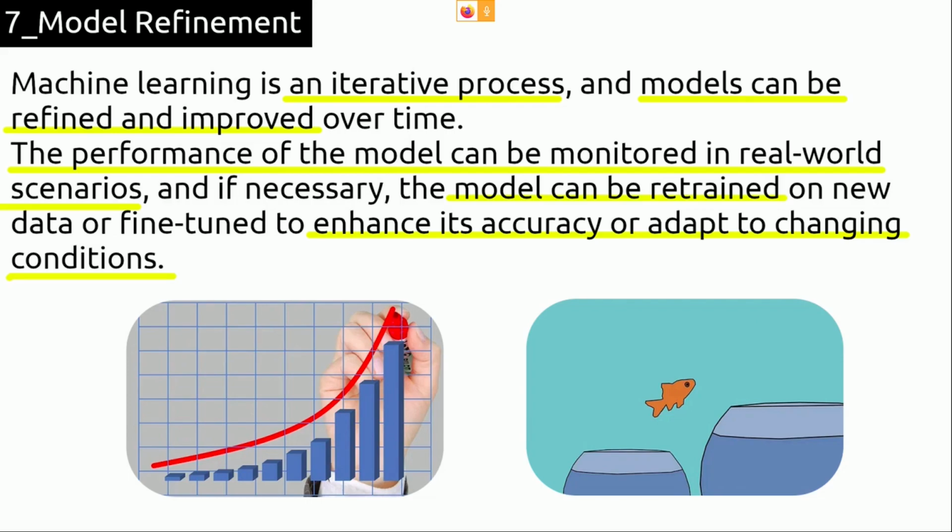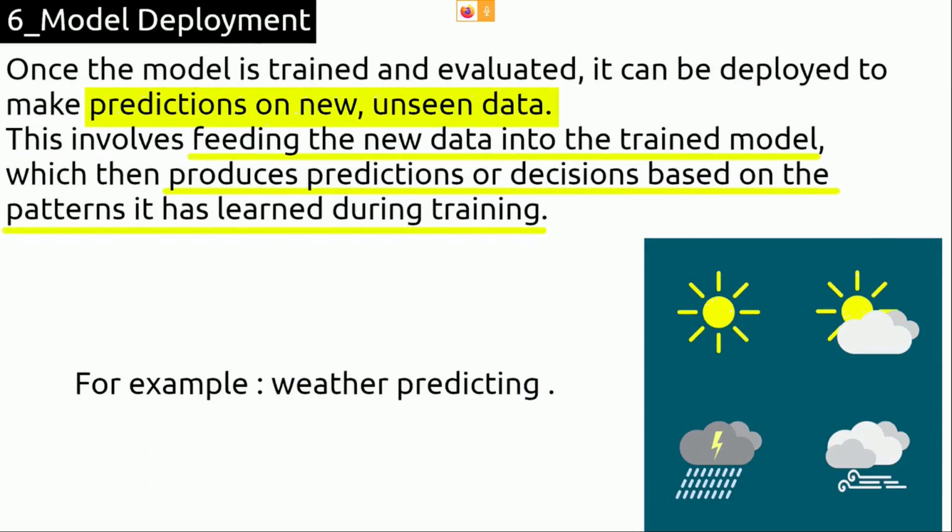Okay, the performance of the model can be monitored in real world scenarios, and if necessary, the model can be retrained on new data or fine tuned to enhance its accuracy or adapt to changing conditions. Okay, so you can refine the model to make it better or to adapt it to the current situation. Okay, so yeah, this is how machine learning works.